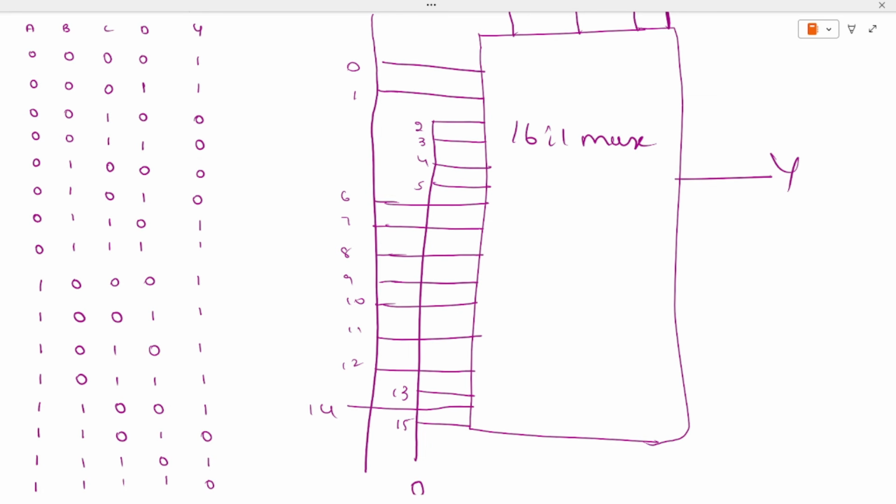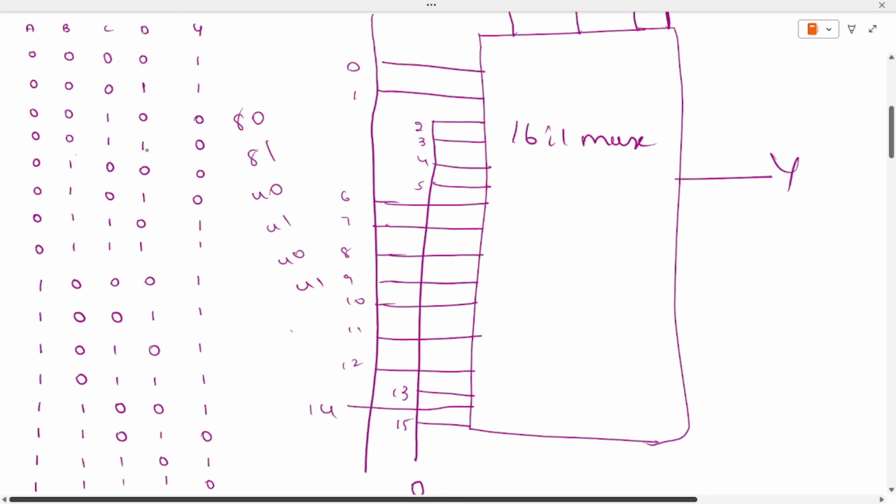How you can remember the truth table is, first you write 8 zeros and 8 ones for the inputs. Next, first 8 0, 8 1, next 4 0, 4 1, 4 0, 4 1, 4 0, 4 1. Again 2 0, 2 1, 2 0, 2 1, 2 0, 2 1, 2 0, 2 1, and then 0 1 0 1 0 1 0 1.